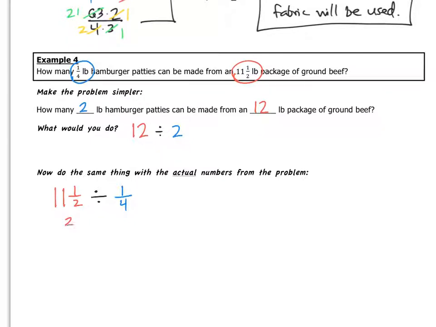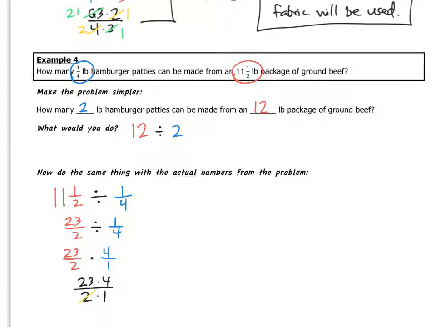That would be 23 over 2. So this is 23 over 2 divided by 1/4. And now since this is a division problem, I need to flip. So I'll keep 23 halves. I'll change the division to multiplication, and I'll flip 1/4 to 4 over 1. So now I have 23 times 4 over 2 times 1.